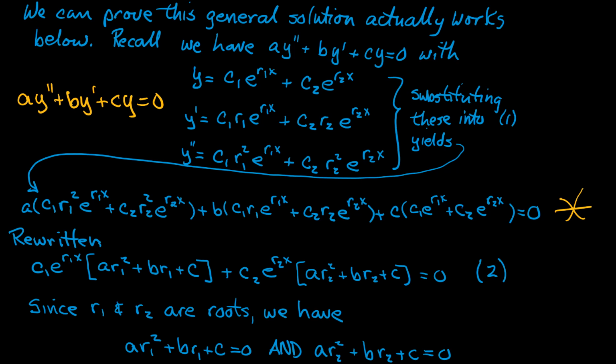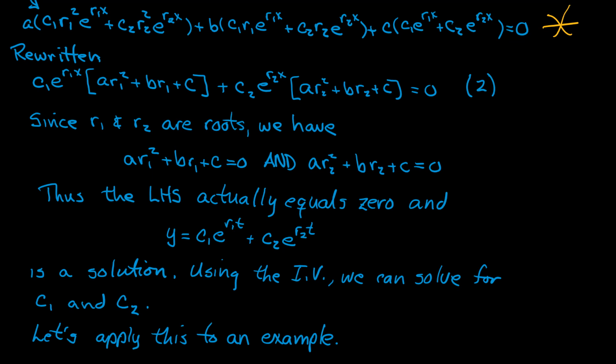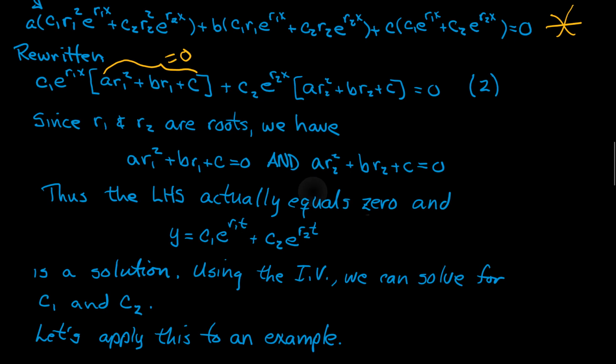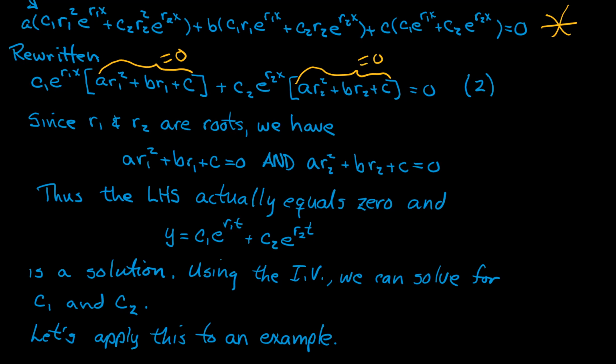Now, the cool thing to remember is, first, we know that c1 e to the r1x is not 0. This can't be 0. The same thing is true for this one. However, having used the quadratic formula, we have our two roots, r1 and r2, and we know that the first root causes this first quadratic equation to equal 0, and the second root causes this second equation to equal 0.